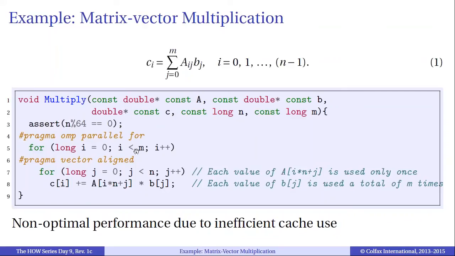Let's assume that m is large, maybe it is in the thousands. So I have plenty of parallelism to occupy all of my threads. And let's assume that n is also not too small, maybe it's a multiple of 16, well, at least many more than 16. Let's just assume that n is a multiple of 16. In this case, I can use pragma vector aligned because I expect every row of matrix A to begin on an aligned boundary.